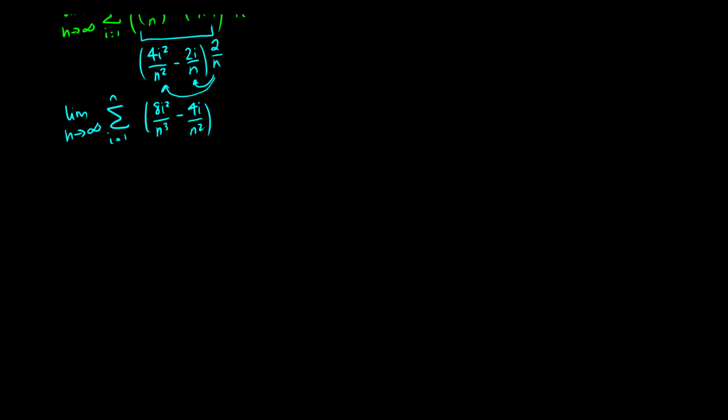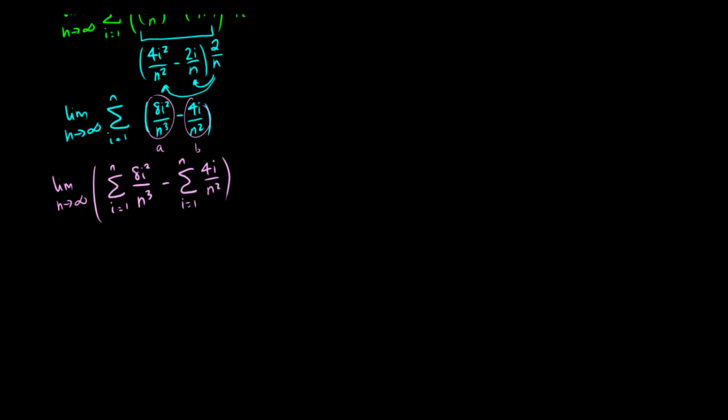Because we're subtracting two different things, let's call this a, let's call this b, we can break the sums up. So we have the sum from i equals 1 to n of 8i squared (sorry, I said cubed, this should be 8i squared) over n cubed, minus the sum from i equals 1 to n of 4i over n squared.